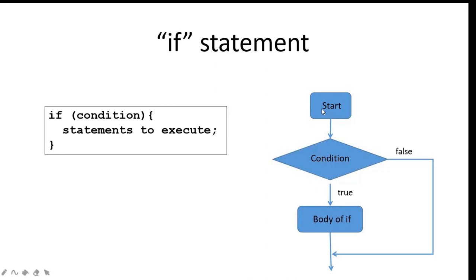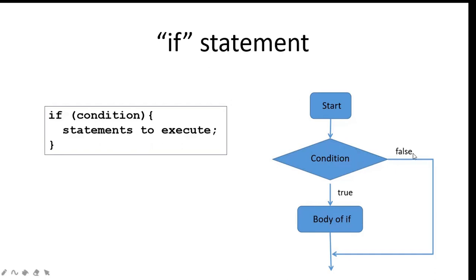This is the flow chart you are going to get. Start, then you check the condition. If the condition is true, then it will straight away go to the body of the if statement, that is the inside of the statement.